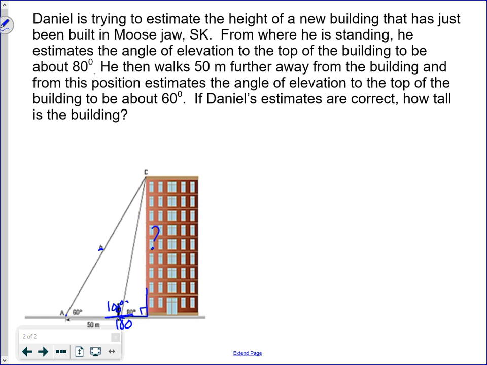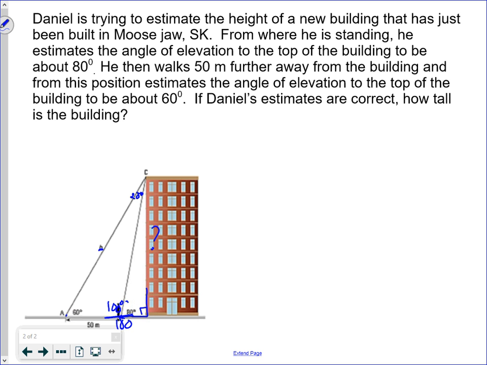Now in the triangle from A to where the person is standing up to C, we can use the 180 degree method. So 180 degrees minus 100 minus the 60. So 180 minus 100 is 80, and then 80 minus 60 will give us 20. So this angle right here is 20 degrees.